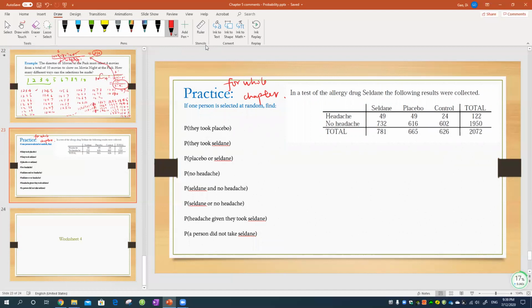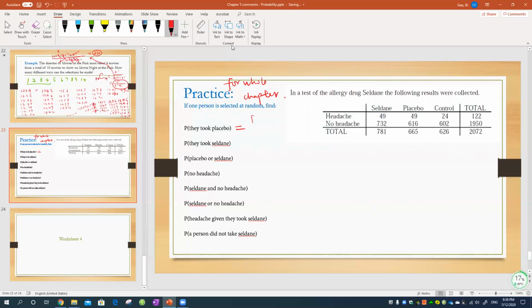And then if one person is selected at random, we want to find those probabilities. So this is the given information. We have Seldane, placebo, control from one dimension, and from another direction we have headache, no headache. And then the probability they took placebo. So this is basically using the F over N rule and then some other probability rules.